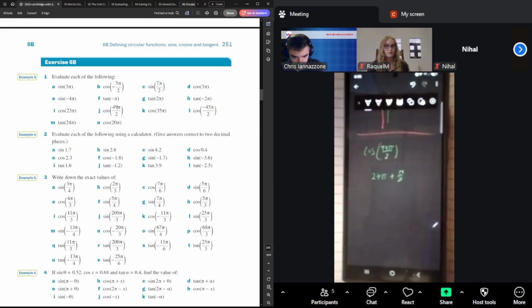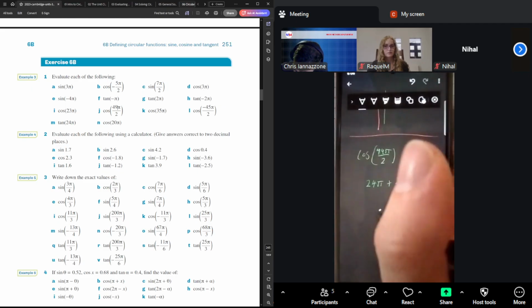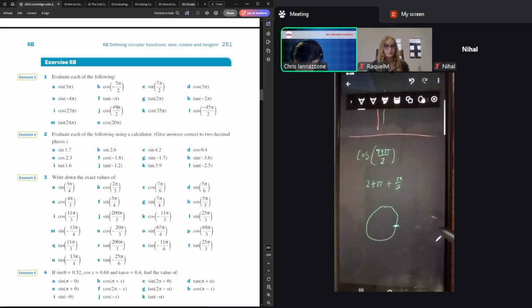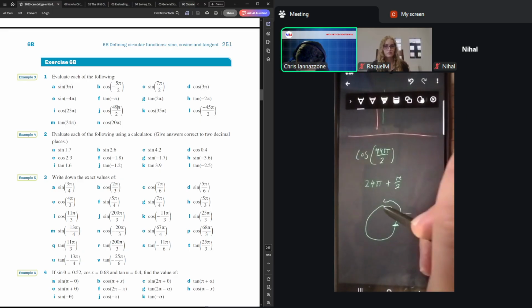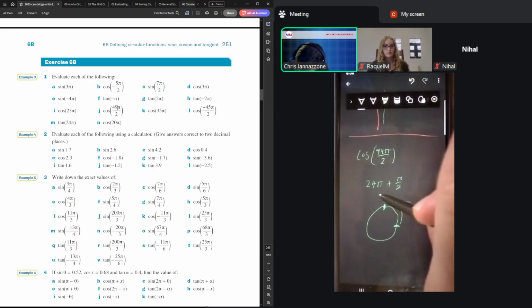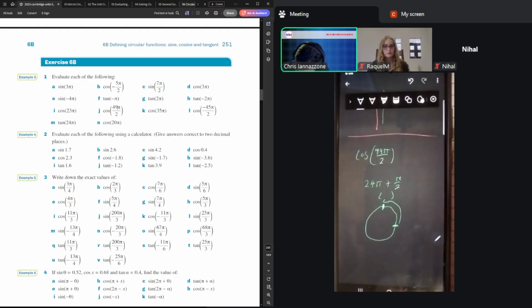Because 24 pi is even, you know it's going to be on the right side of the unit circle. So you start from there, and then pi over 2 is going to go 1/4 of the way. Yes, it is. Awesome. Do you know what's located there, the coordinate? 0, 1. 0, 1 is correct. Now, which of those match up to cos?